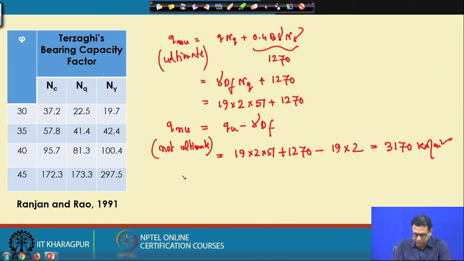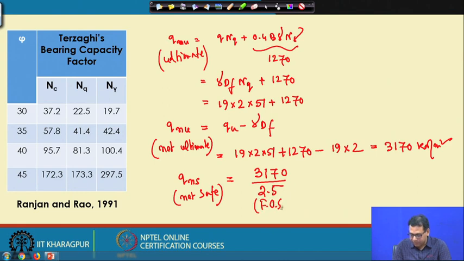So, the q net safe load, or the safe bearing capacity or safe bearing pressure, is 3170 divided by 2.5. This is the factor of safety 2.5. So, the load is 1268 kilonewton per meter square.